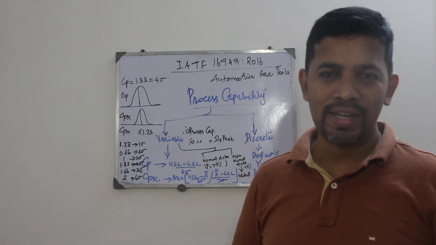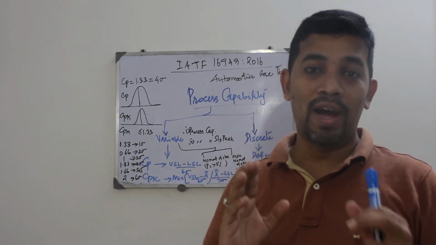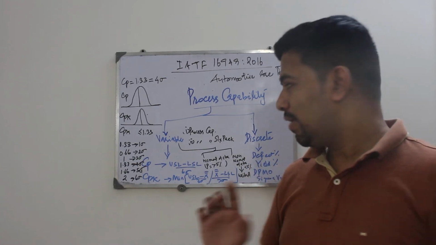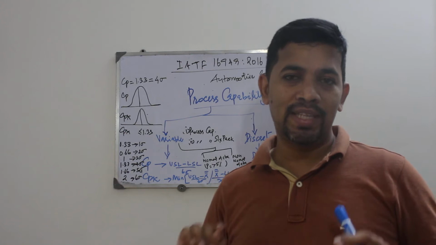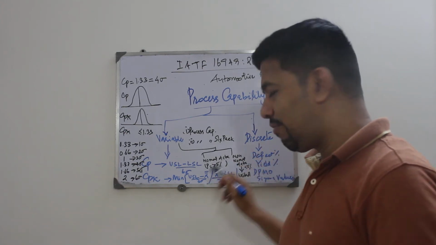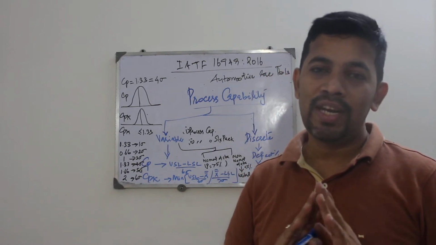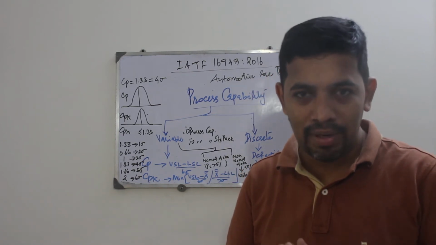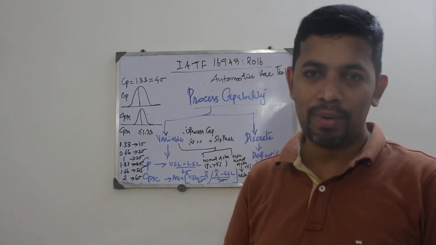In the normality test, you put the values, and if the p value is greater than 5 percent, that means the data is normal. If your p value is less than 5 percent, meaning your data is not normal, you can still carry out the process capability.